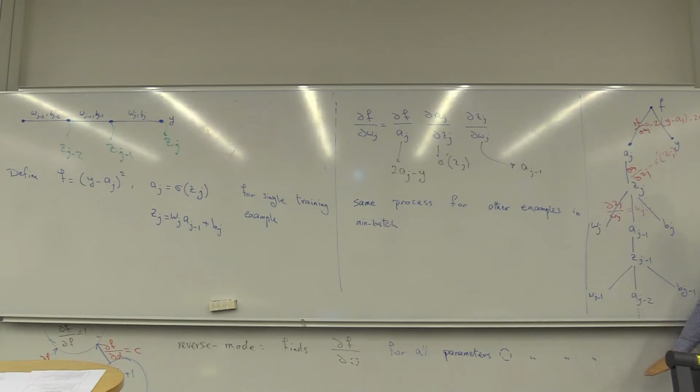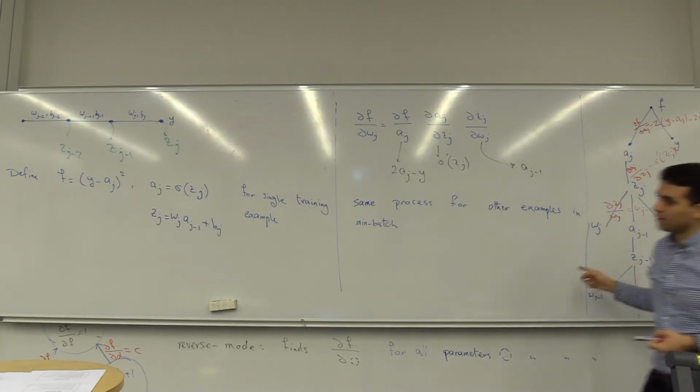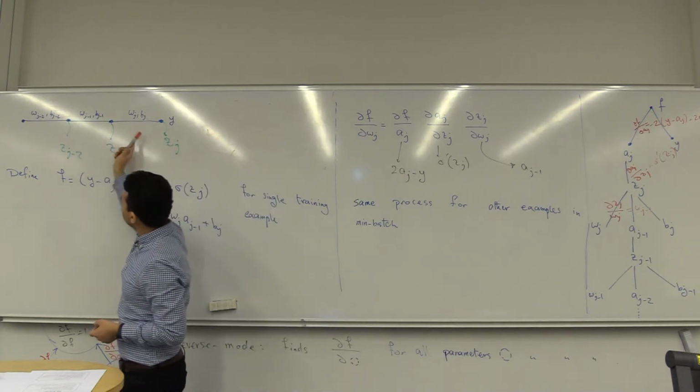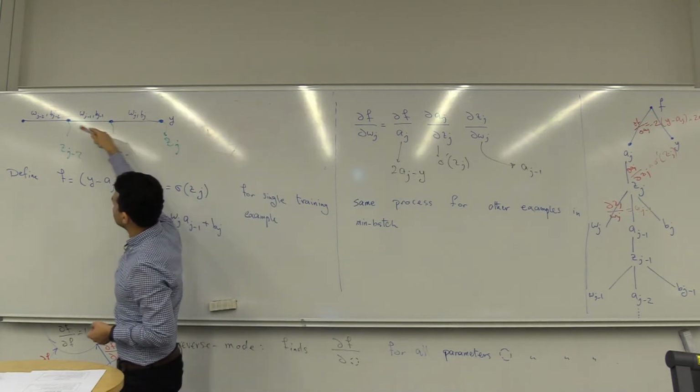You can have one pass from the inputs all the way to the F. You will store all these parameters. This is not efficient, by the way, but just saying that you can do that. You store all the weights, and then now you can use backpropagation to find all the gradients, so the gradient of F with respect to all those W's, very efficiently. In this very simple example, you have multi-layers, but you don't have multi-neurons here.